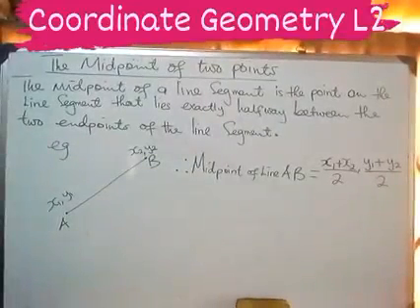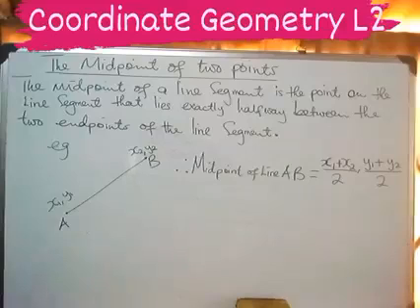Let us look at the midpoint of 2 points. The midpoint of a line segment is the point on the line segment that lies exactly halfway between the two endpoints of the line segment.